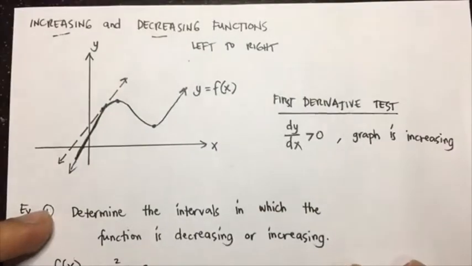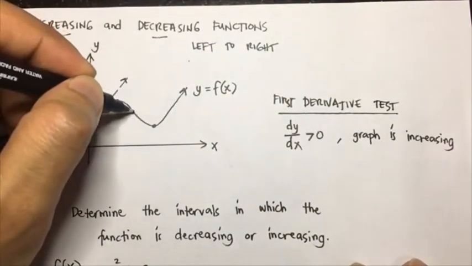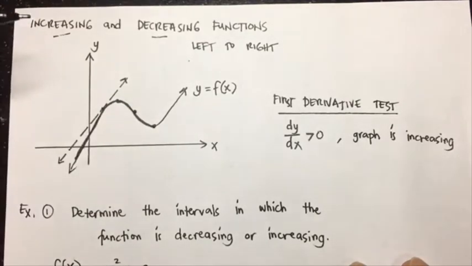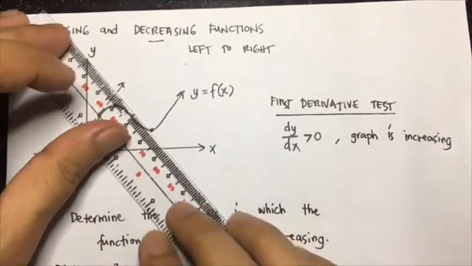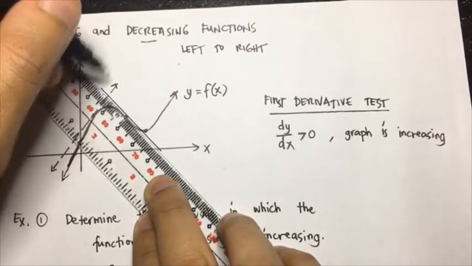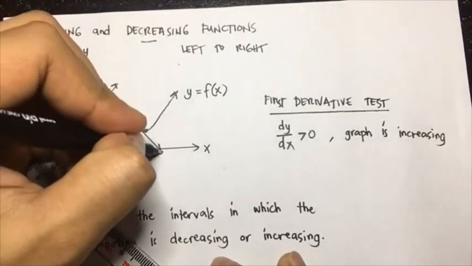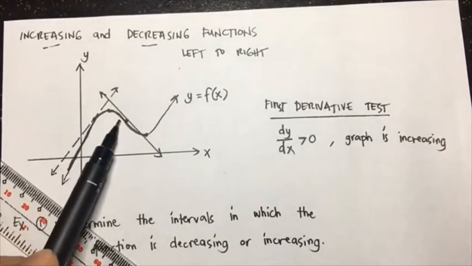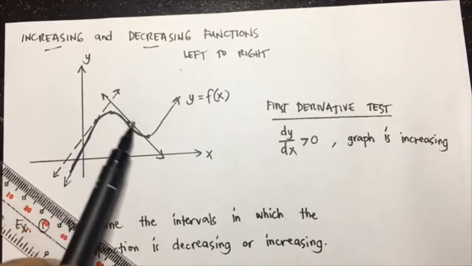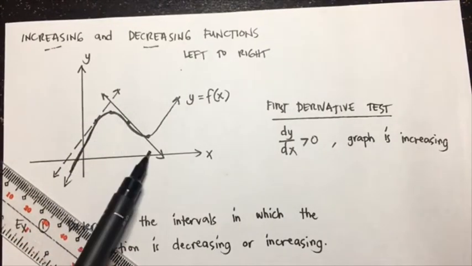Similarly, if we have here, from left to right, as you can see, it is decreasing. Any tangent line on that part of your curve has a negative slope. As you can see, the slope of the tangent line decreases from left to right.